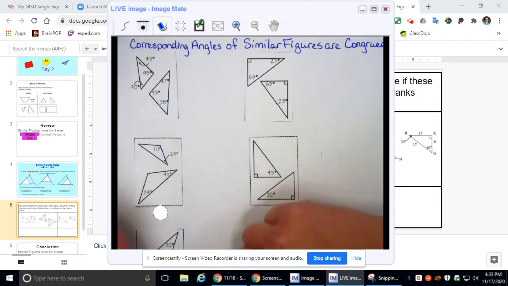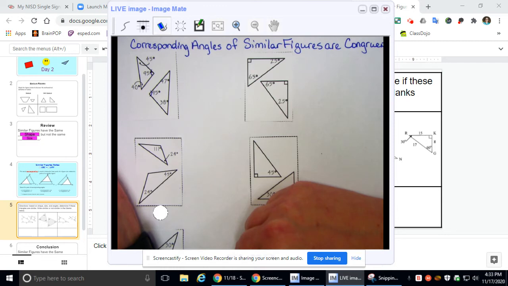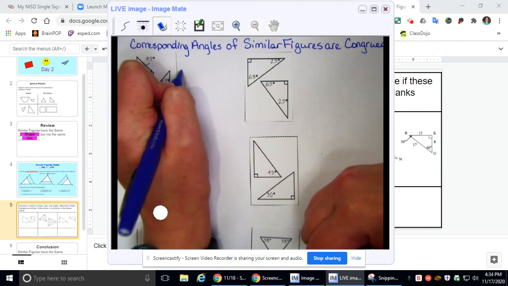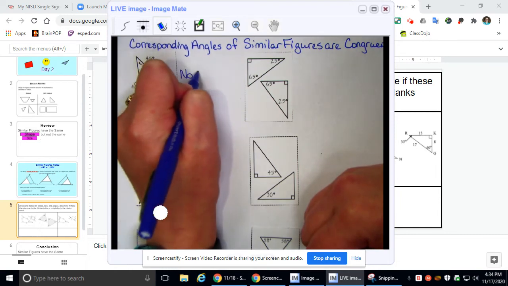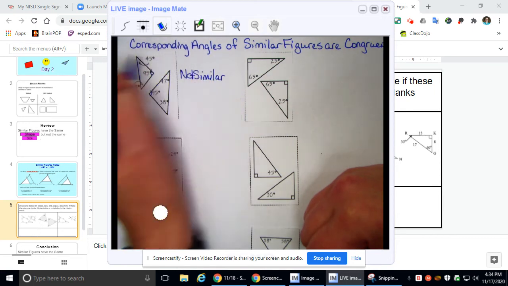So I can see that 95 right here corresponds to 95 here. But then I notice that we have 45 and 40 for this triangle and 47 and 38 for this triangle. Because they're not congruent, these are not similar. And if I could learn to write properly, you could see that better.